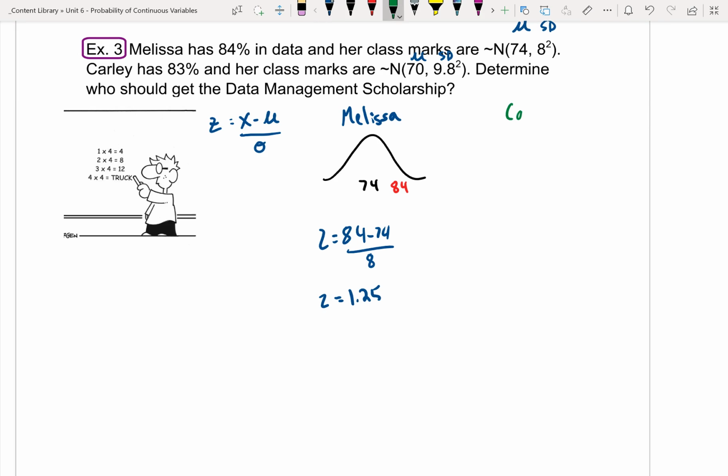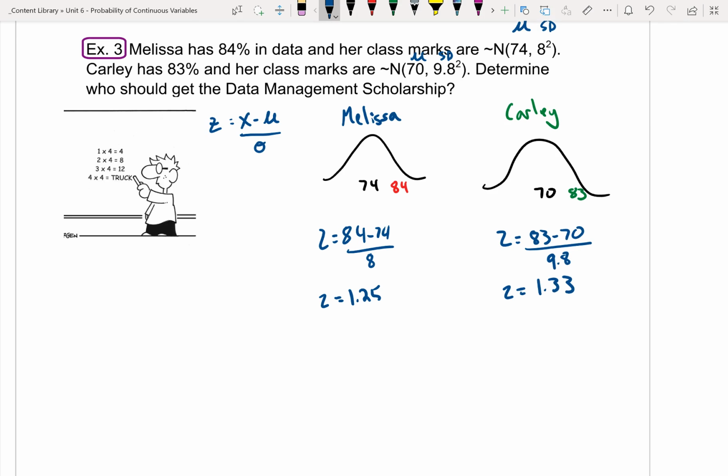If I look at Carly, again, her class mark middle is 70, and she's at 83. So if I find the z-score for Carly, the z-score is equal to 83 minus 70 divided by our standard deviation, which is 9.8. So our z-score is equal to 1.33.